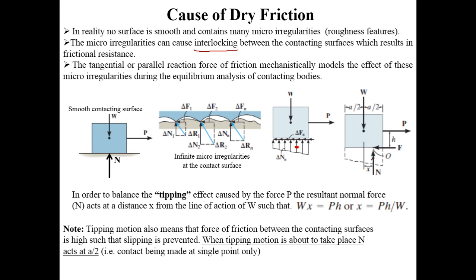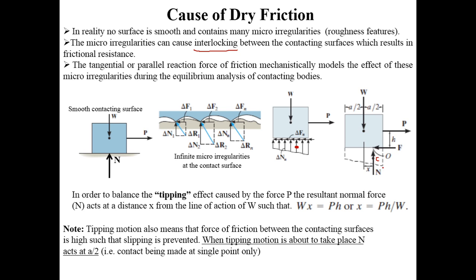So this N is basically passing from the centroid of this loading diagram, the trapezoid. It is not passing from the center of gravity of this object. From the center of gravity of the object, only the weight is going to pass.